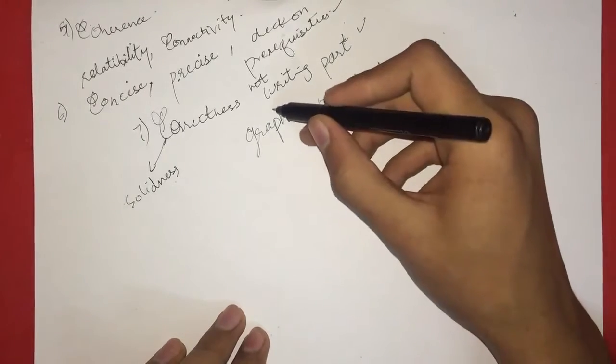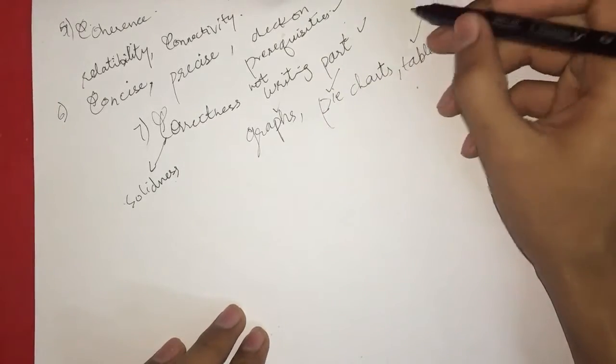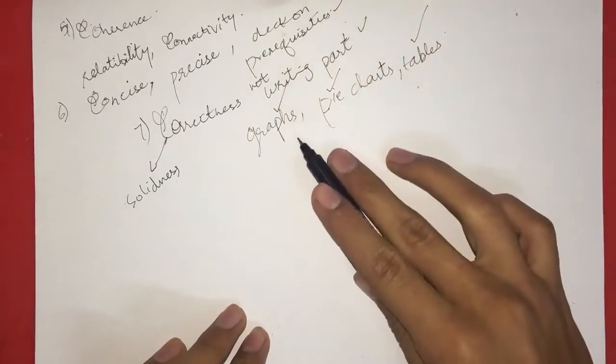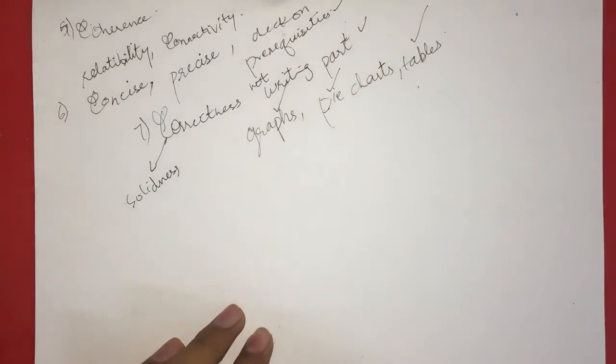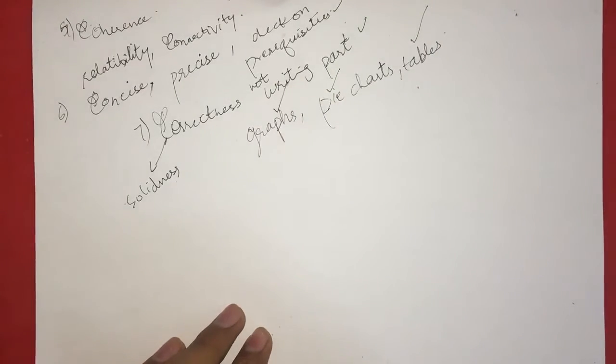There will obviously be the graphs, because most people are visual learners, so they'll be more attentive towards the graphs or pie charts, and they'll get bored if you have written everything down. Nobody is really that good at reading.